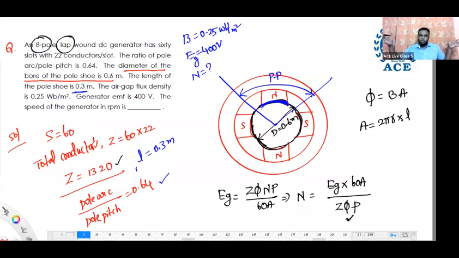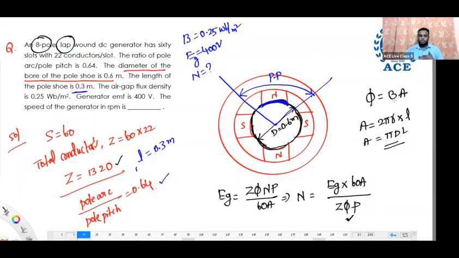Generally we write this area as pi D L. Remember this. D is diameter, 2r, into L, the length of the bore of the pole shoe.